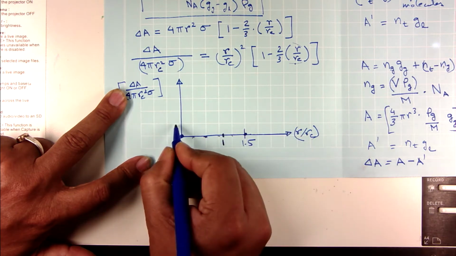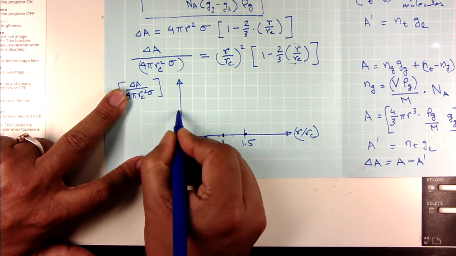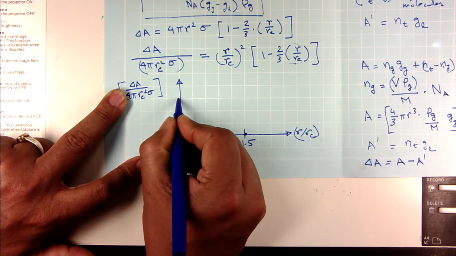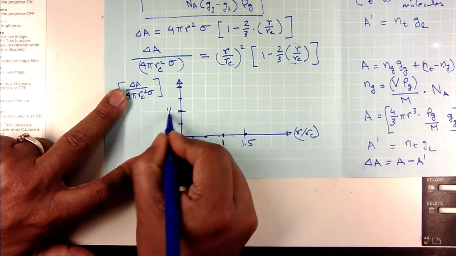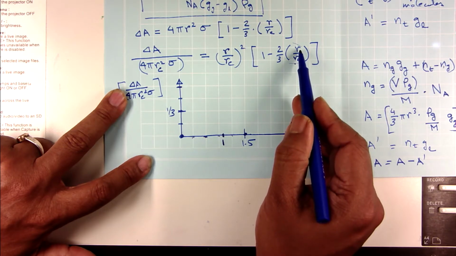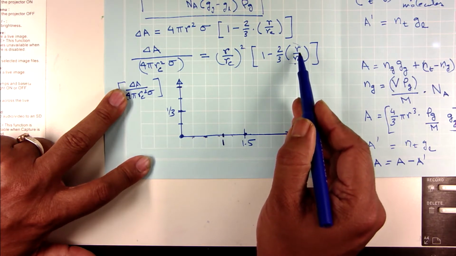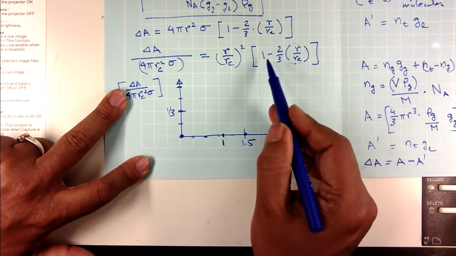And let us say this is 1 by 6, this is 1 by 3rd, and this is 2/3. So, let us say this is 1 by 3. Okay. So, if I substitute r by r c equal to 1, what do I get? If this is 1 by 3, right.